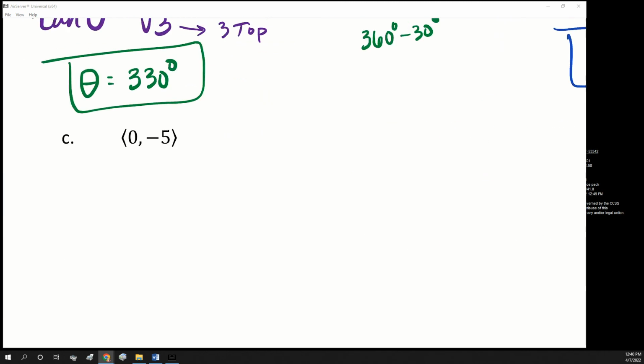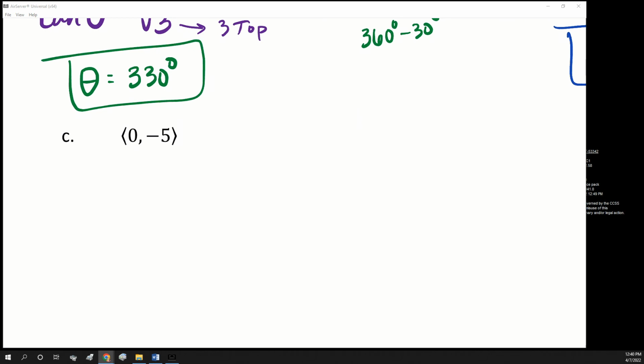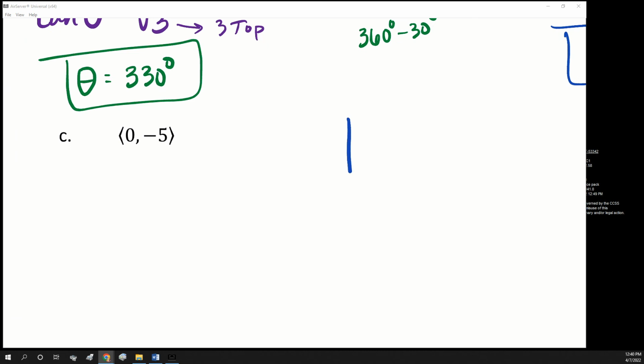All right, so this last one is going to be super fast. This is why it's kind of important to draw them, because we can do this just by looking at the vector. All right, so I know that my terminal point is at (0, -5). So here's my vector.